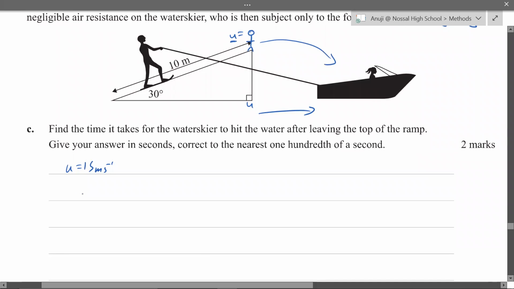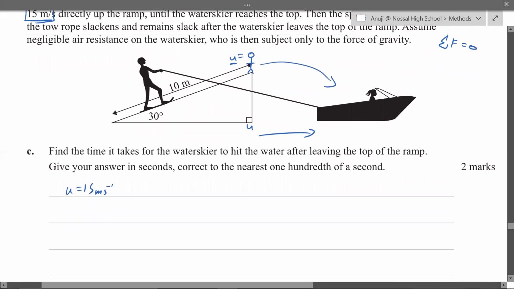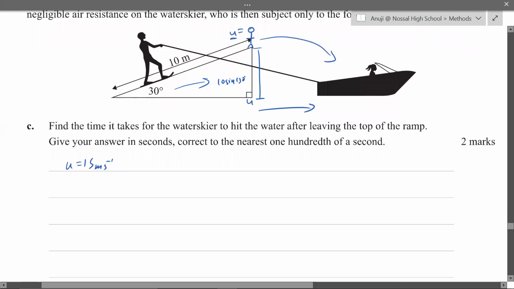The distance is 10 meters. Oh no, sorry, it's not 10 meters. This is the height. So the distance is 10 times sine 30, because of trig, since sine is opposite on hypotenuse, so you can figure out the height. So that is 10 sine 30, which is just 5 meters.